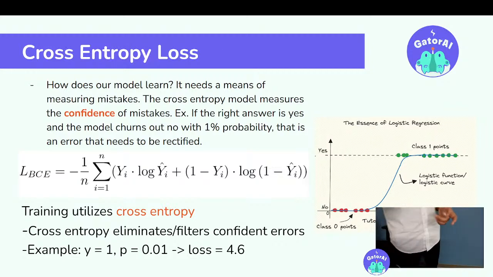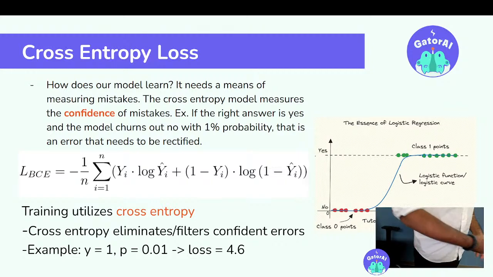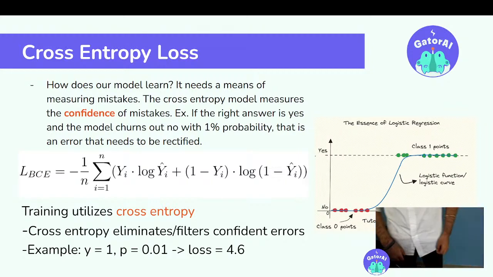That's a confident error, and we don't want confident errors because we want to eliminate the rate at which we get errors in the first place. This is specifically why we train utilizing cross-entropy: to eliminate the rate of our errors and be as efficient as possible, because the ultimate goal of a model is to make your predictions as accurate as possible.